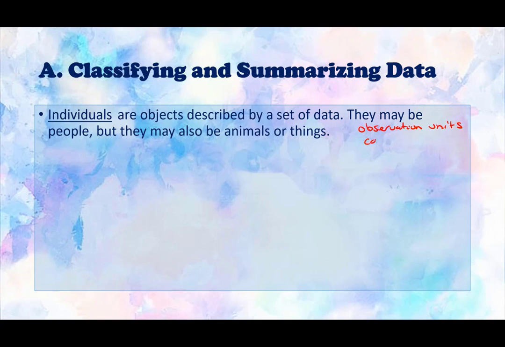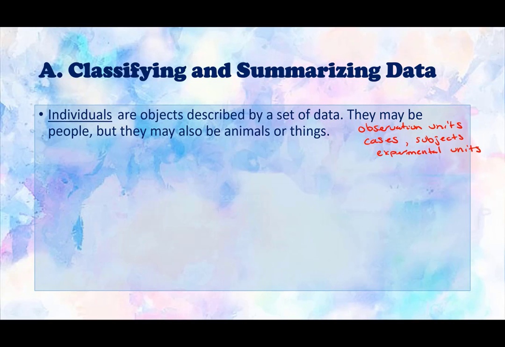You may see cases, you may see subjects when they're people, or you may see experimental units. These are all different words that you may hear instead of individuals, but I want you to make sure that you can go back and make the connection between them.